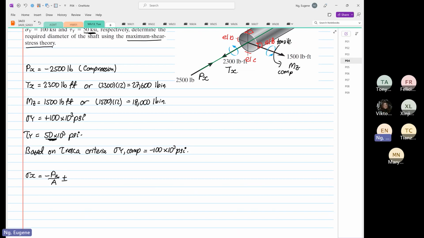And then plus or minus, depending on the location, you have Mz over Izz multiplied by C. Okay, so C is the radius of the shaft, right? And then A is the cross-sectional area of the shaft.